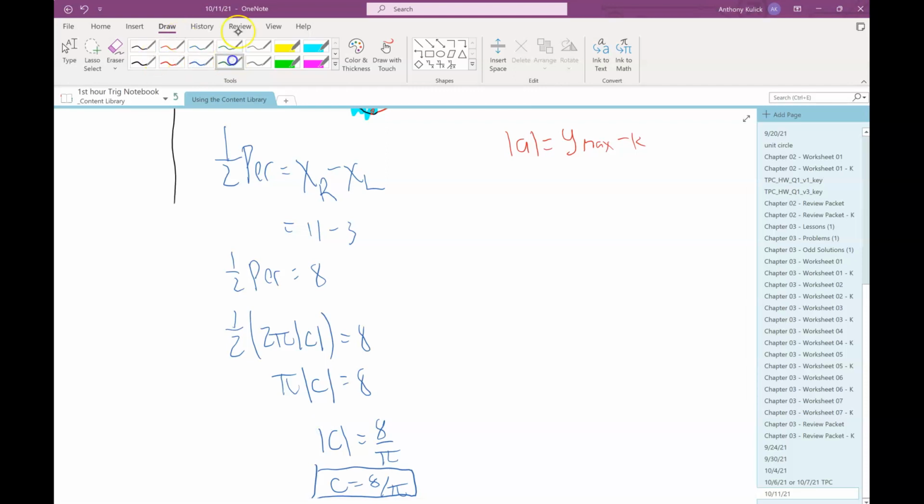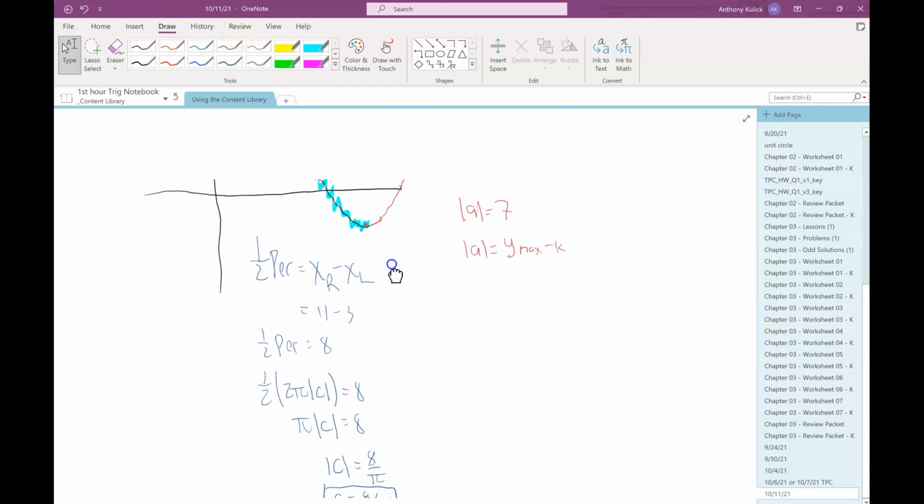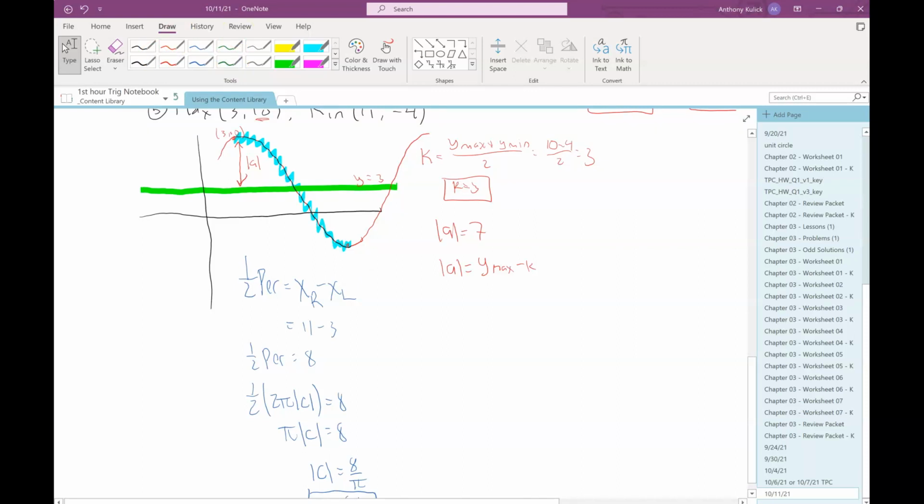And then my last thing to do is to find my value for h. We're going to do this the same way. So my parent function is going to be cosine, because I know about maxes and mins. If I knew about midline points, I would use sine. But if I know about maxes and mins, I'm going to use cosine. So from the parent function, we're going to use the point (0, 1), which is a maximum. And for the transformed function, I'm going to use the point (3, 10), which is also a maximum.